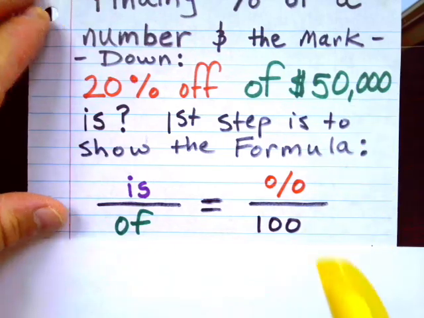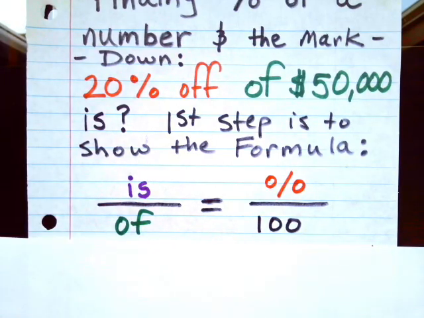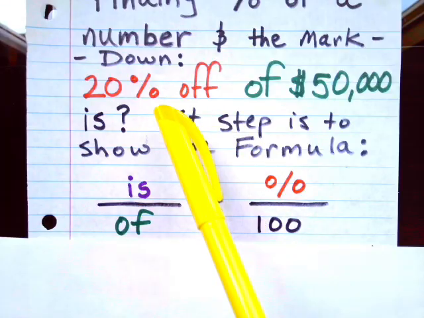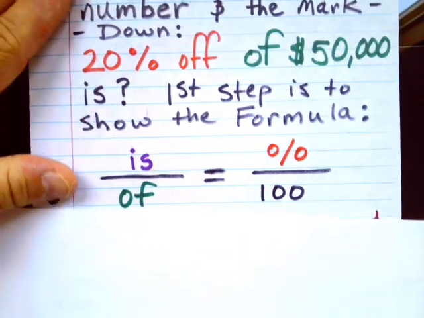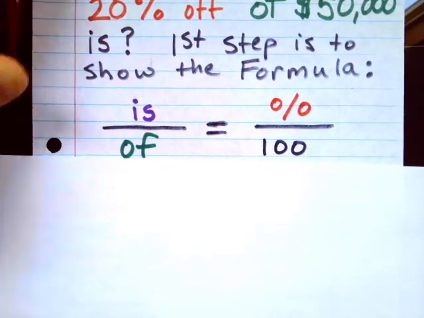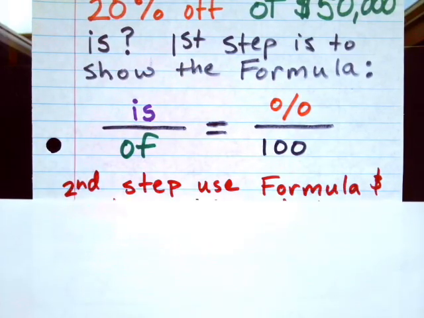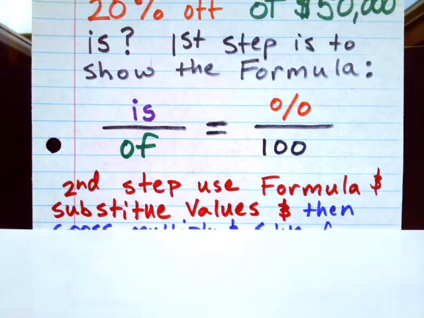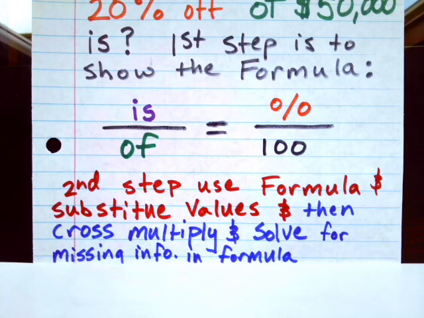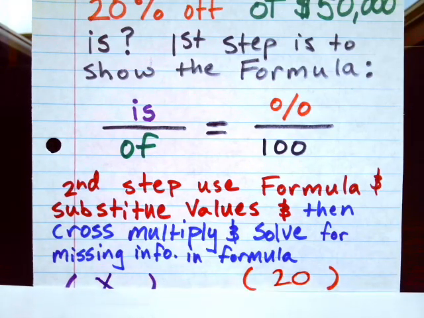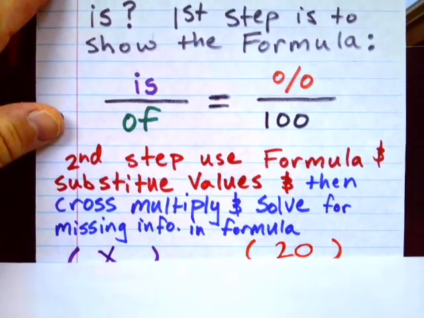And then once I find that value, I'm going to want to subtract because it's 20% off. All right, so let's just move forward. I wanted to show that to you before I get started substituting values. So step two, use the formula, substitute values, and then cross multiply to find that cross product, and solve for that missing information.